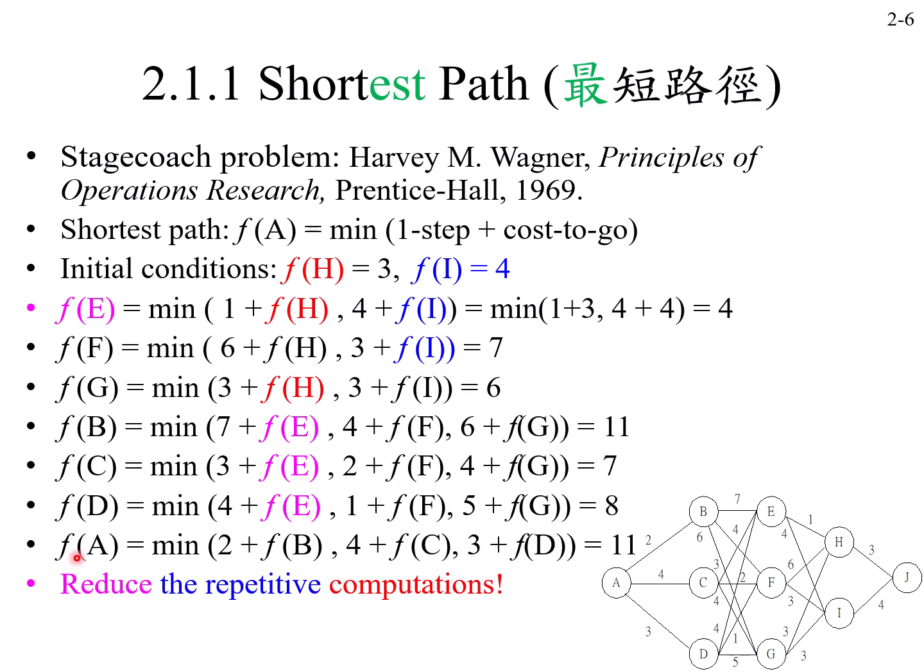As you can see, we reduce the computation. When we compute cost to go, we don't need to repeat this process. So it will reduce the computational time, which is why dynamic programming is more efficient than exhaustive solution.